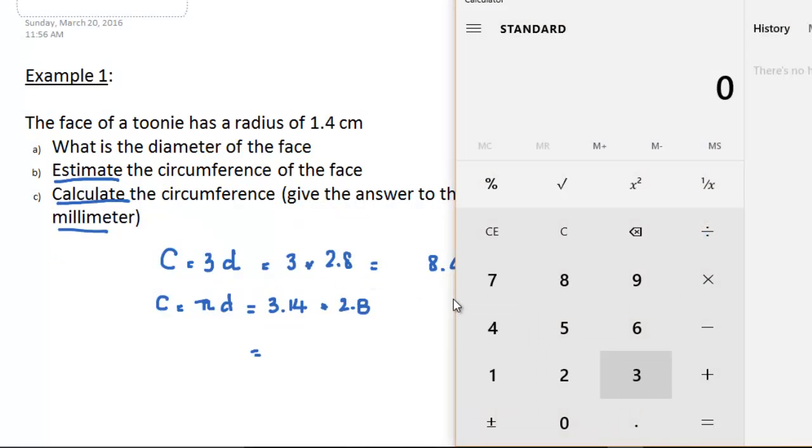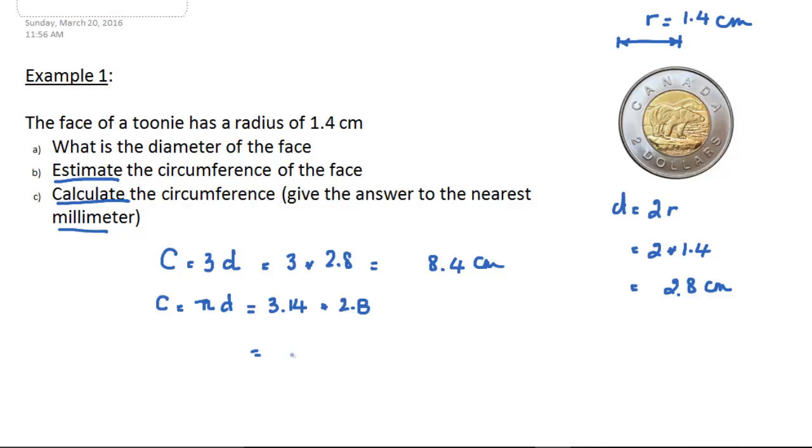I have 3.14 times 2.8 equals 8.792. And this dimension is in centimeters.